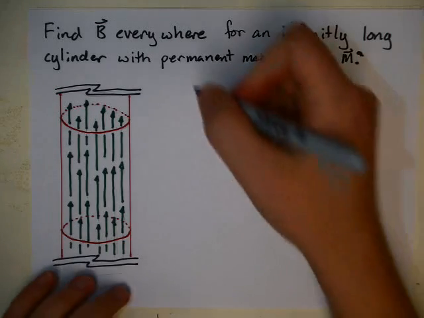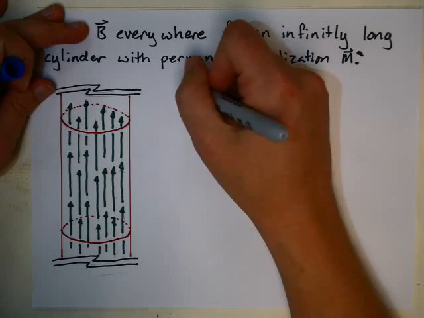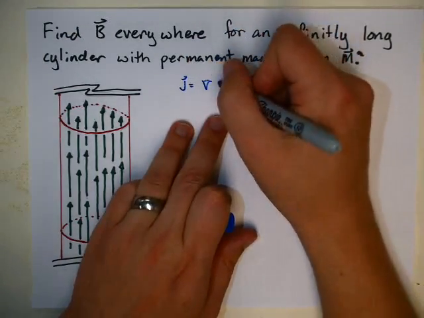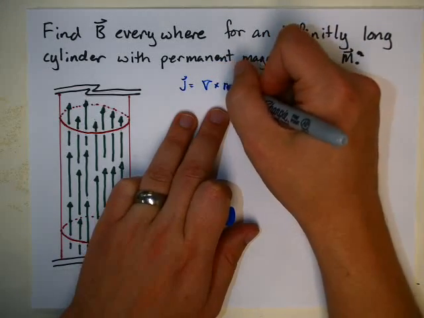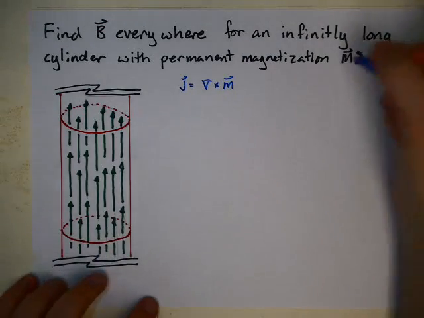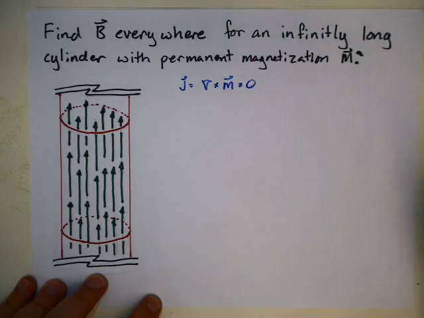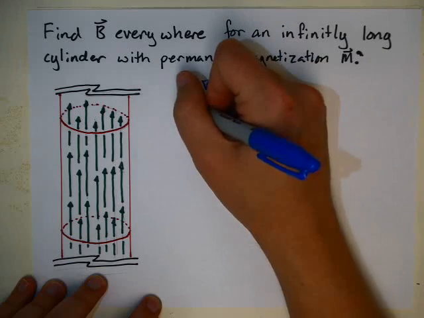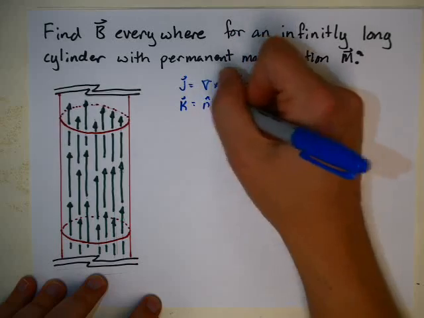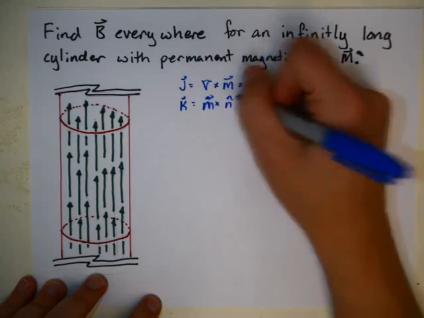And so the definition of bound currents, right, my bound volume current is going to be del cross the magnetization vector M. If I have a uniform magnetization vector, of course, this is going to be 0. And then the surface current, K, is M cross n hat.